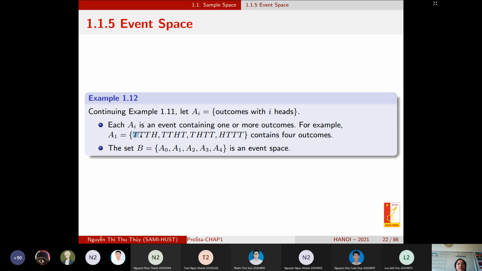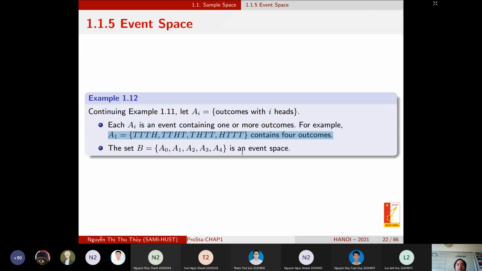The first case is that the first three coins are tails and the fourth coin is head, or we can have the head at the third coin, or the head at the second coin, or the head at the first coin. So how many outcomes for this event A1? There are 4 outcomes.